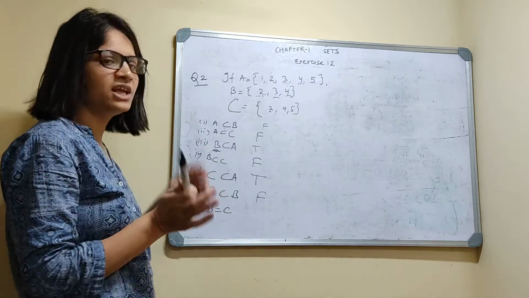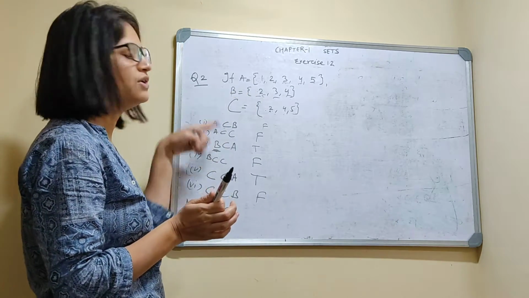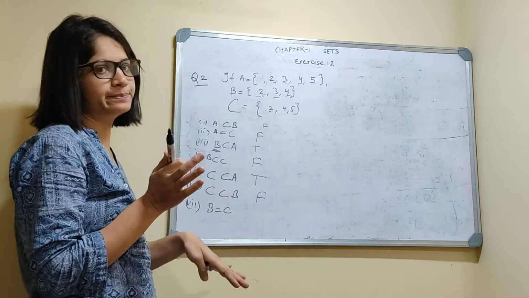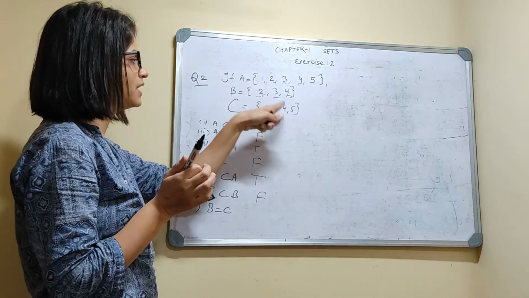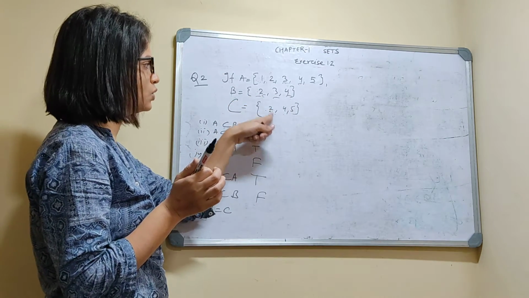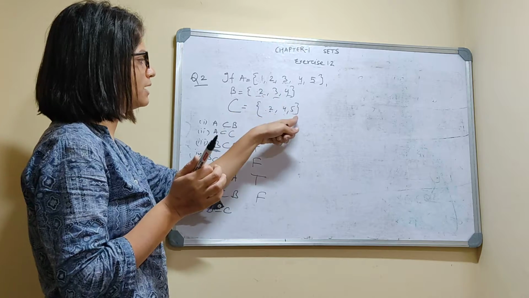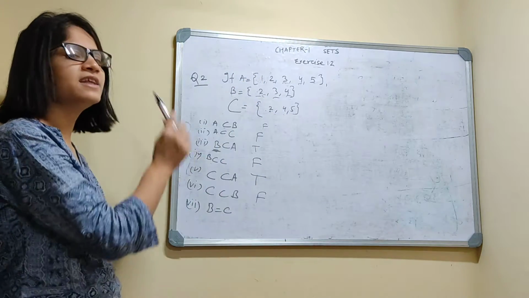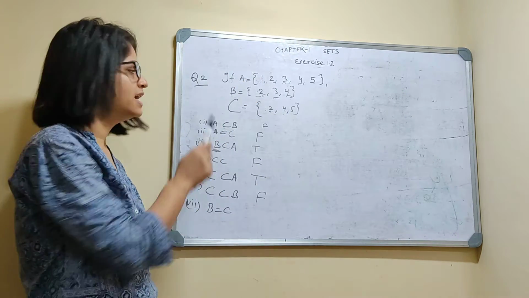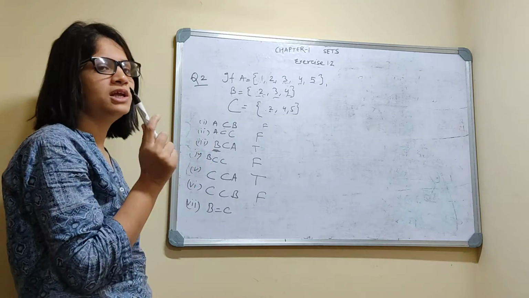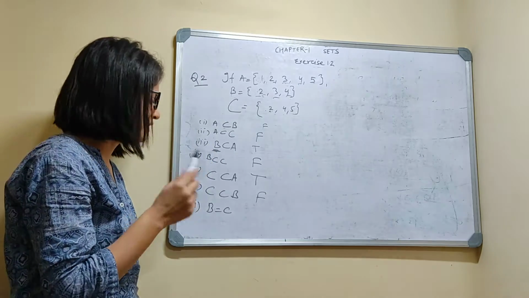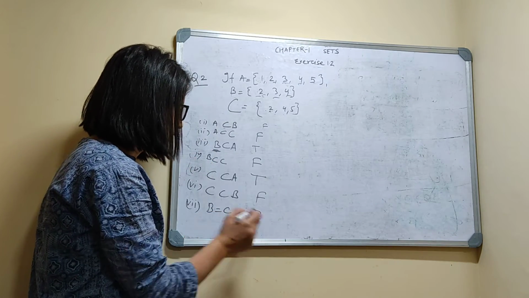For sets to be equal, the elements should be exactly the same. But here 2 is there, but 3 is not there; 4 is there, but 5 is not there. Only if exactly the same elements are in sets B and C are the two sets equal, otherwise not. So it is also false.